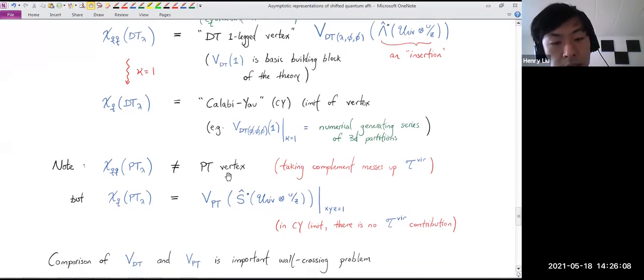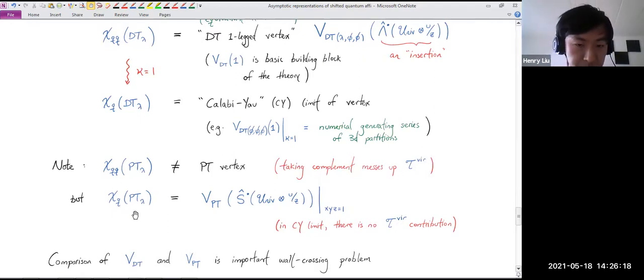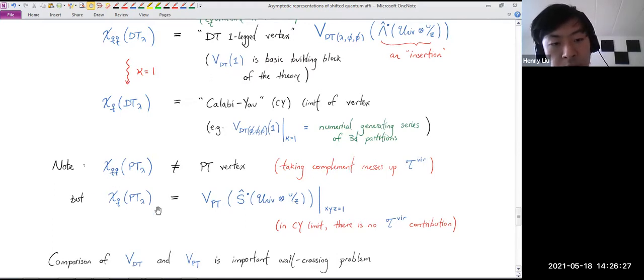But because the problem only comes from the quadratic part, if we pass to Q characters, that kind of discrepancy goes away. And so it actually is true that the Q character of our PT module is the Calabi-Yau limit of the PT vertex with some kind of insertion.